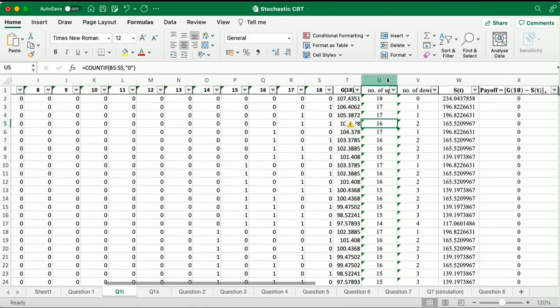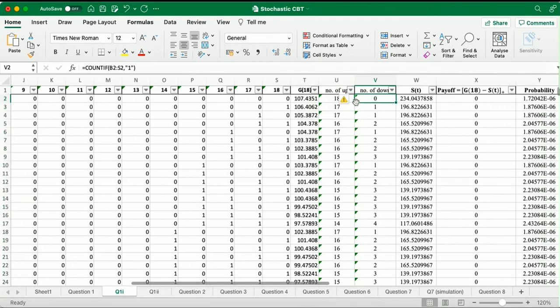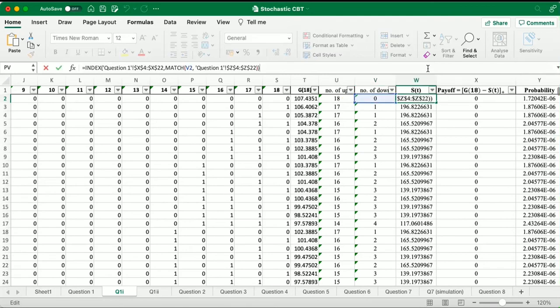Then we calculate these two columns, number of ups and number of downs, using these formulas to identify each geometric average price and its path. Then we apply this formula to match the stock price that we obtained from the binomial tree to the number of downs in each path, so that we can match the stock price to each geometric average path.